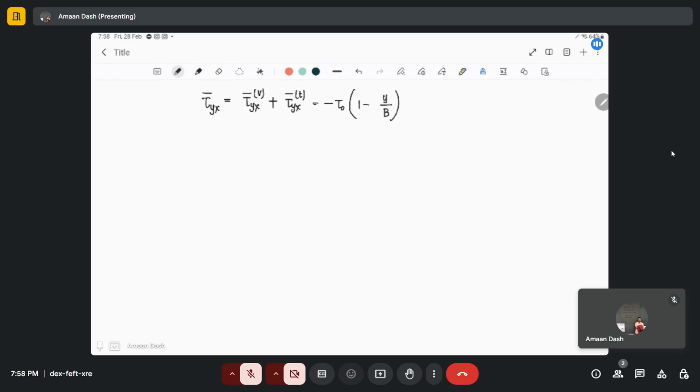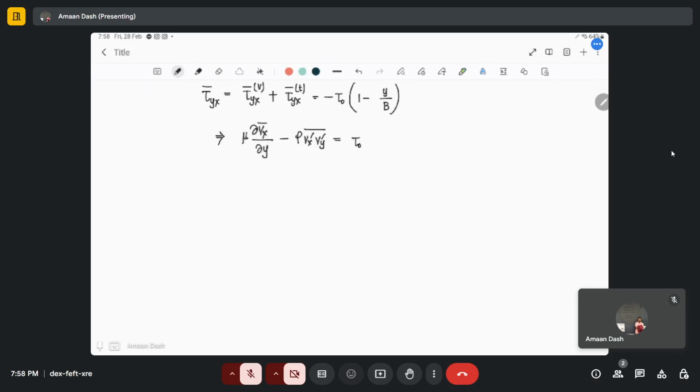Okay. And if you remember what these terms are, this is the viscous part. So we can write mu times dou Vx bar by dou y minus rho times Vx prime Vy prime bar. This will be equal to tau 0 times (1 minus y by b).